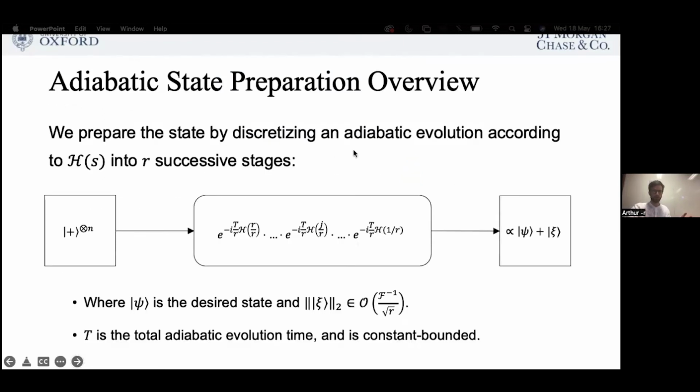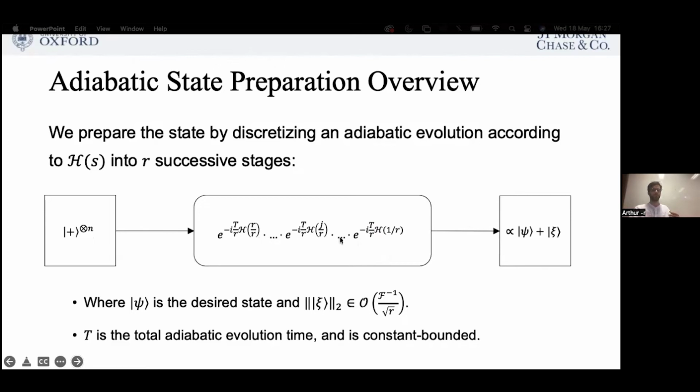Okay, so as I just mentioned, we do an adiabatic evolution, starting with a uniform superposition. In practice, we can't perform a continuous adiabatic evolution. We have to actually discretize the adiabatic evolution. And so we discretize this time-dependent adiabatic evolution by performing successive time-independent evolutions.